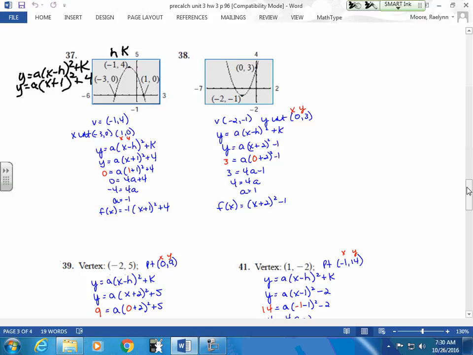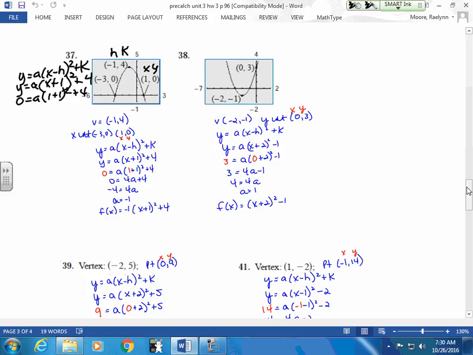So I can take either one of these points. I like to use the ones that are not negatives because I write so sloppy. Usually I lose my negative signs. So I'm going to take this point over here. You can use either one you like. I'm going to plug a 0 in here, and I'm going to plug a 1 in here.